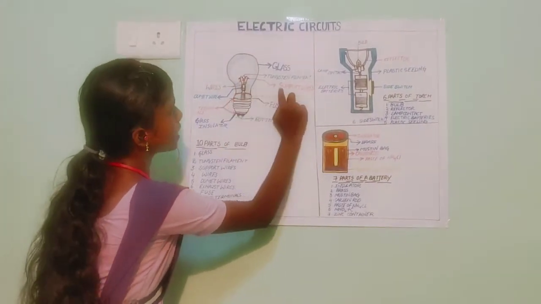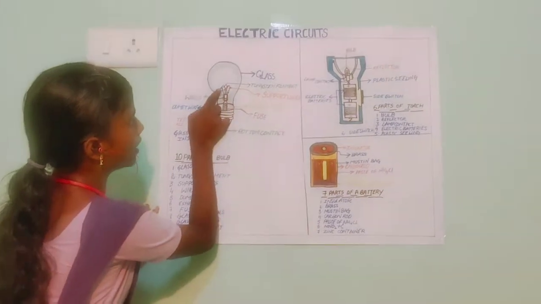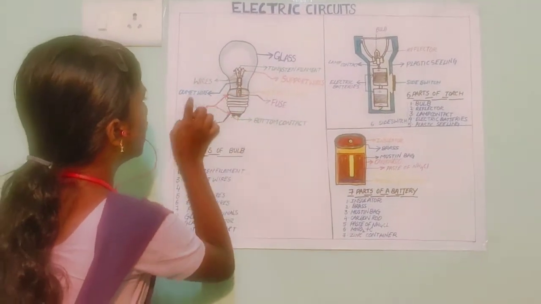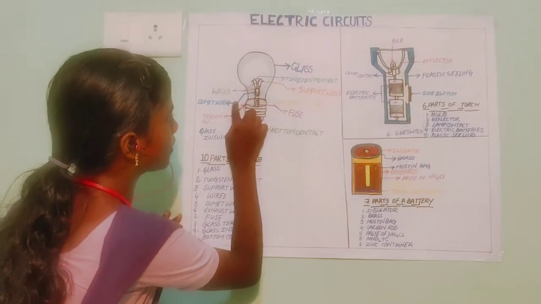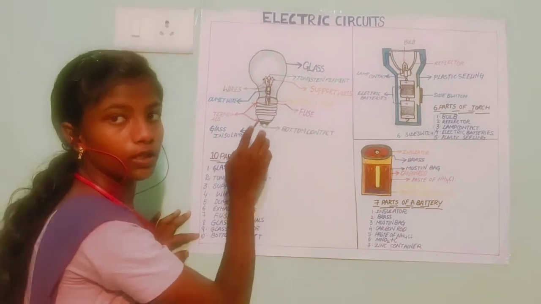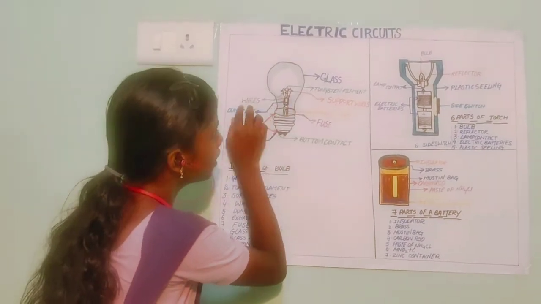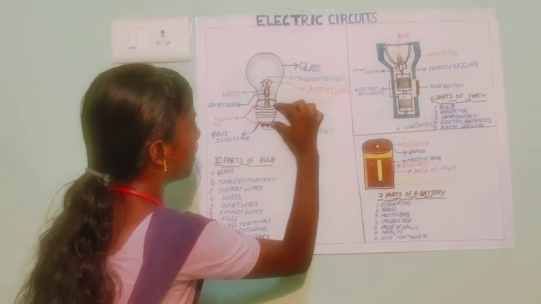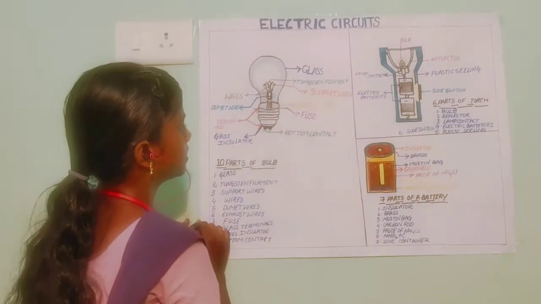These both are support wires, and these wires are called dumet wires. Why? Because they are connecting from this part. And this part of the bulb is called terminals.